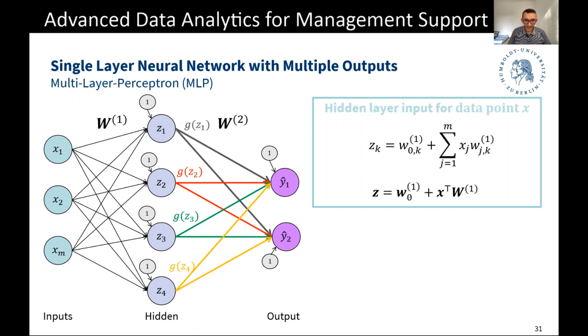And I want to walk you through these computations one more time in quite some detail in order to ensure that you really internalize the mathematical operations that happen here. What we see at the right-hand side at the moment is the computation for a single unit in the hidden layer. So the computation for one element of the hidden layer, zk, where we do have some bias connected to that layer.